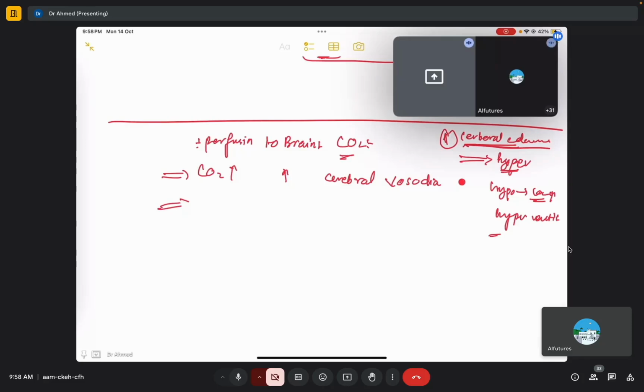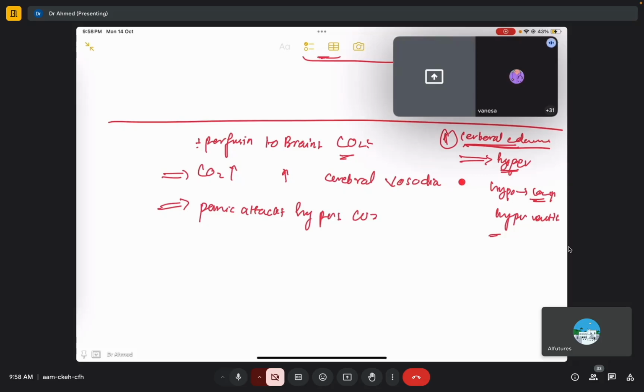Okay. So, for example, if a person is having a panic attack, what do you think will happen? Hyperventilation or hypoventilation? Hyperventilation. He would hyperventilate. If he is hyperventilating, it means you are blowing off more carbon dioxide, right?